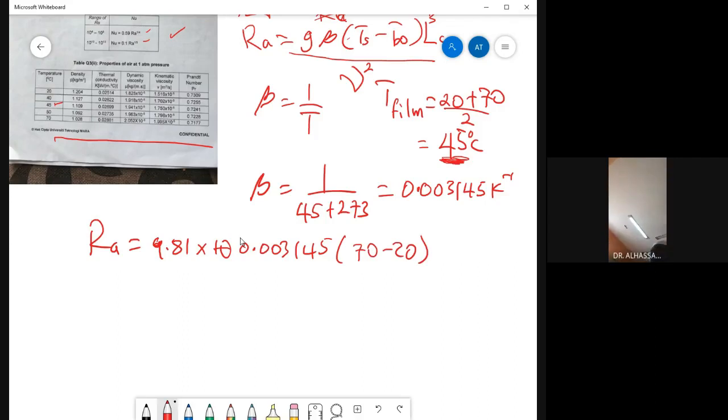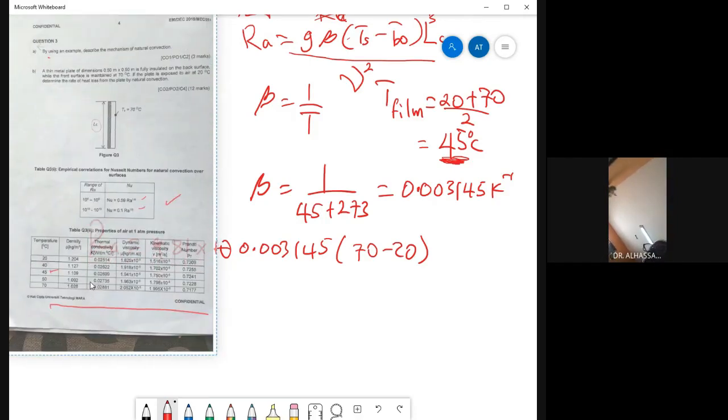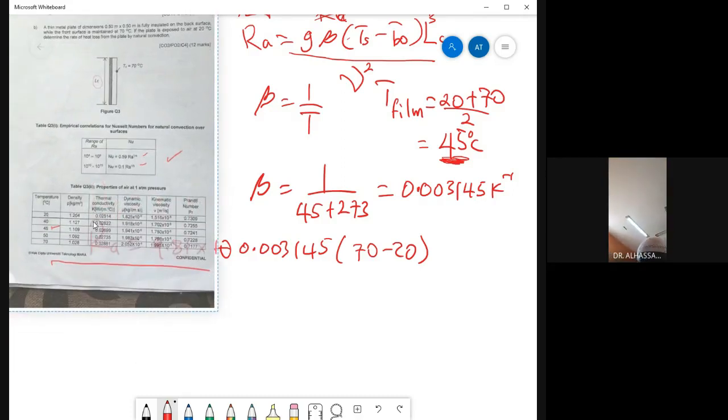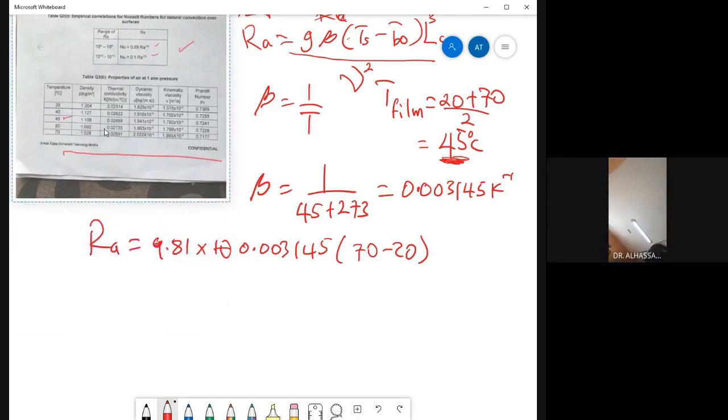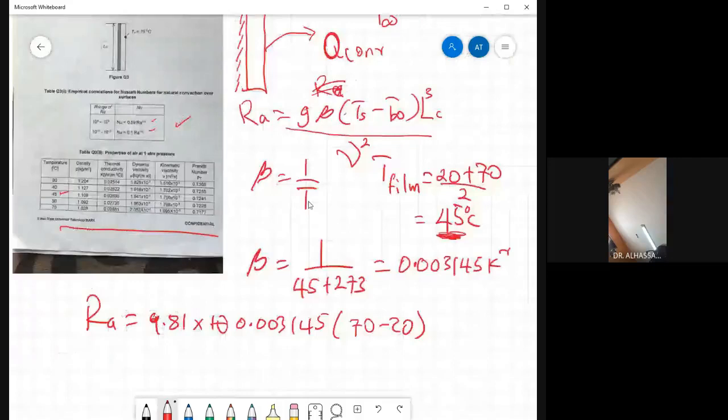Then we have the length also, so the length raised to the power 3. The length of the plate is given, let's see what is the length. L is given to be 0.5. So L equals 0.5.